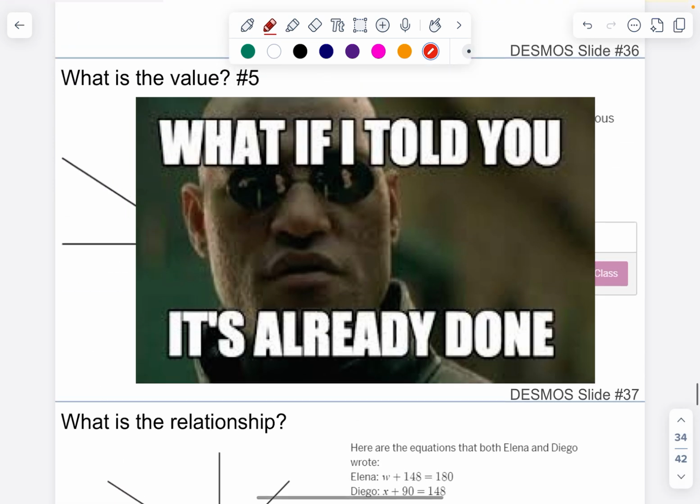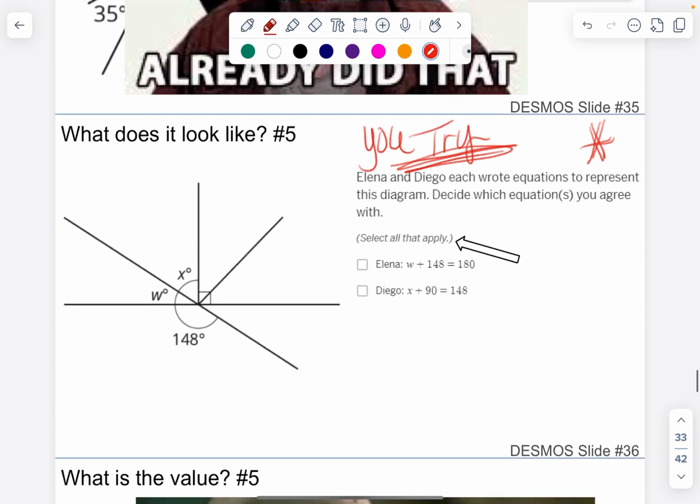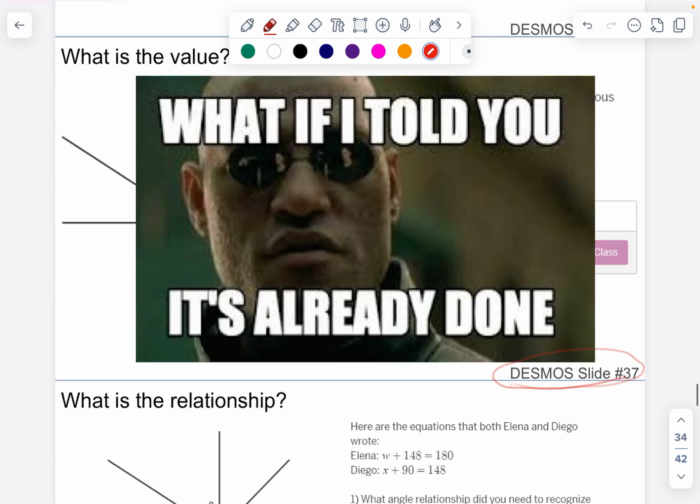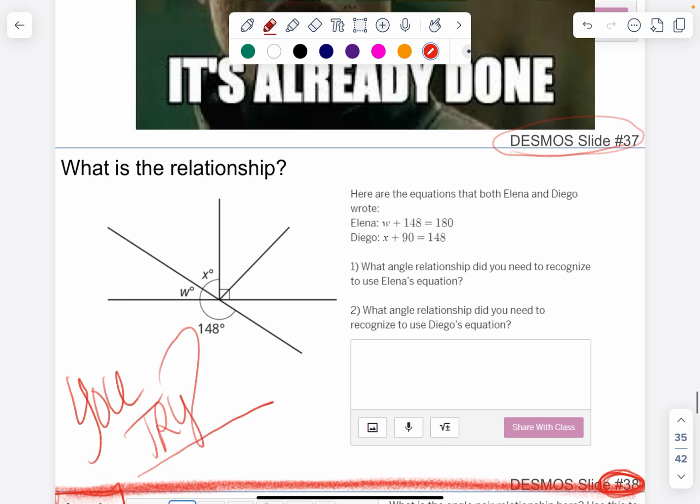You can put an X over any of the slides where I put a beam on the slide, which means we weren't doing it, okay? But you are trying number 5. And what is the relationship?